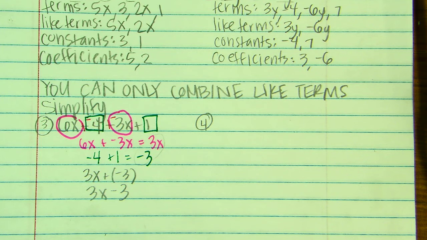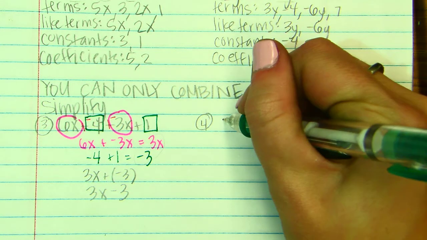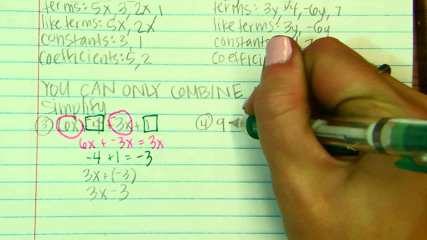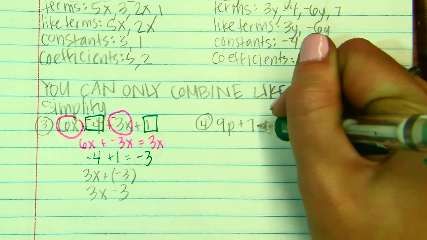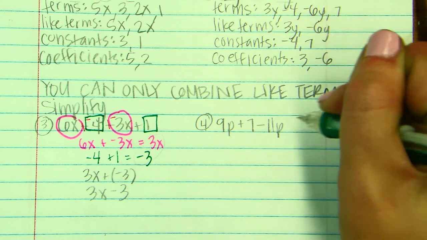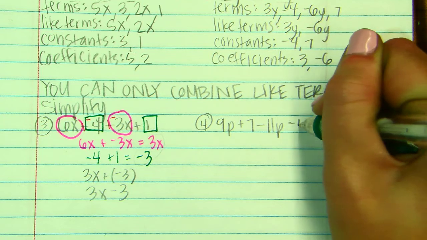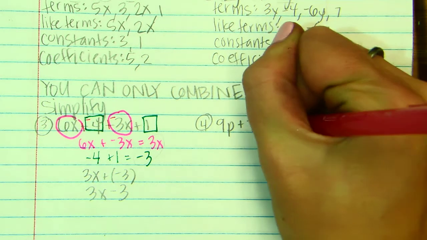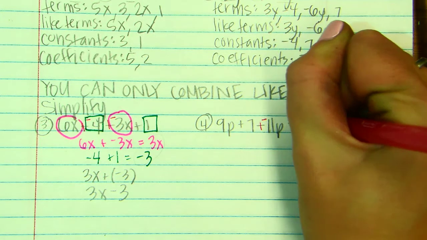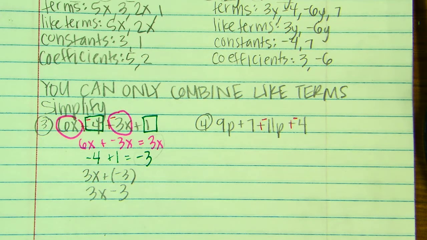Let's do 9p plus 7 minus 11p minus 4. And the very first thing we always have to do is change the sign in the one behind. Then again, I'm going to look for like terms.